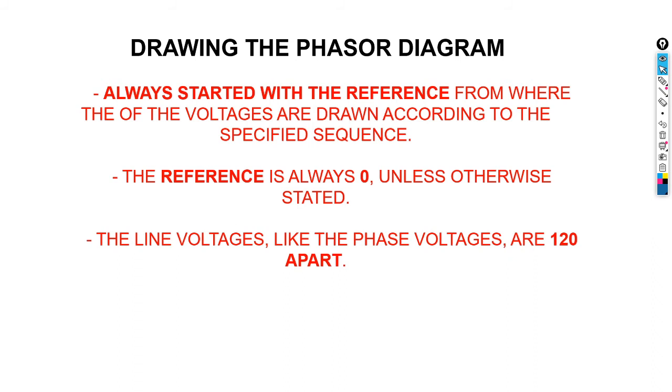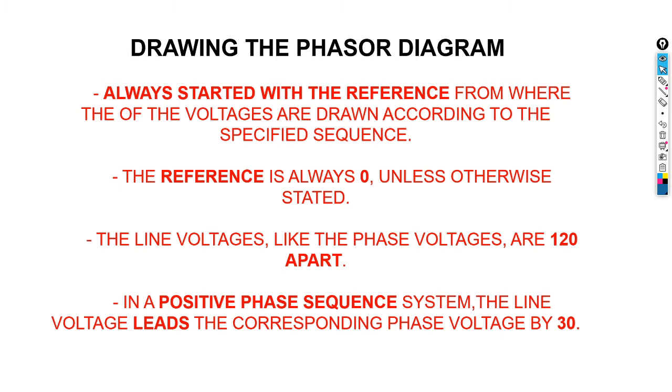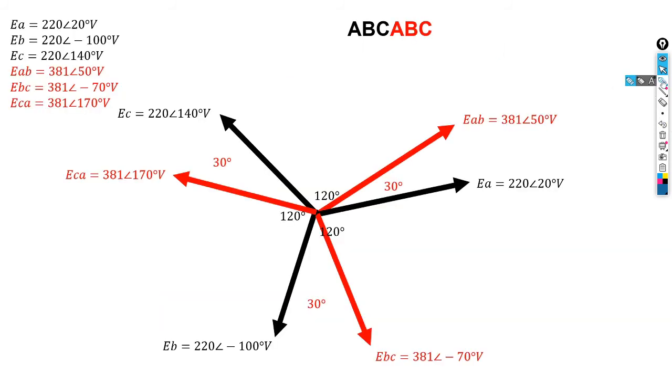And then the line voltages, like the phase voltages, are 120 degrees apart. Okay, and then the last one, which is really important: in a positive phase sequence system, the line voltage leads the corresponding phase voltage by 30. With a positive phase sequence, the line must always lead its phase.